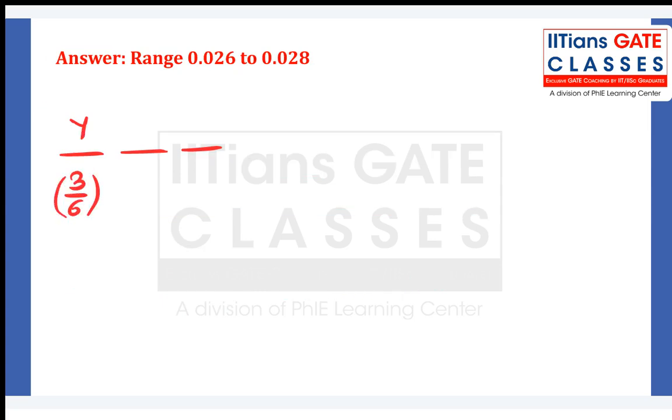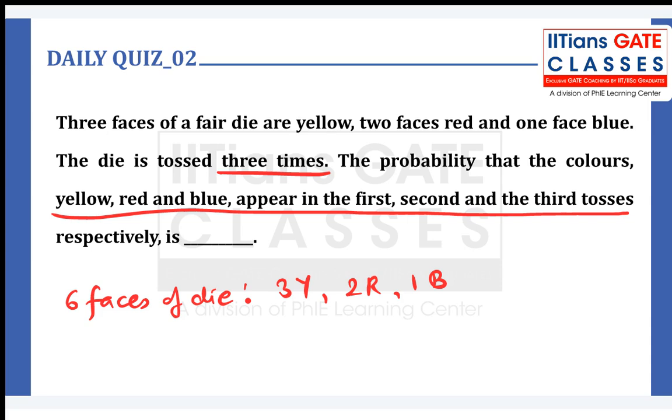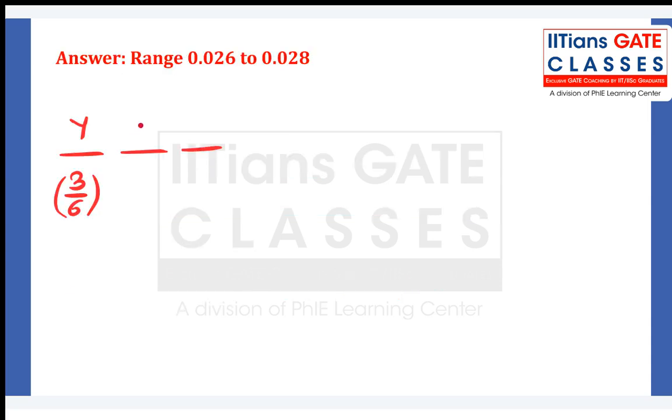Okay. And in the second trial, they want red. So that probability will be 2 by 6 because there are 2 faces of red color. And in the last trial they want blue. So that will be 1 by 6. And this is a very interesting question.